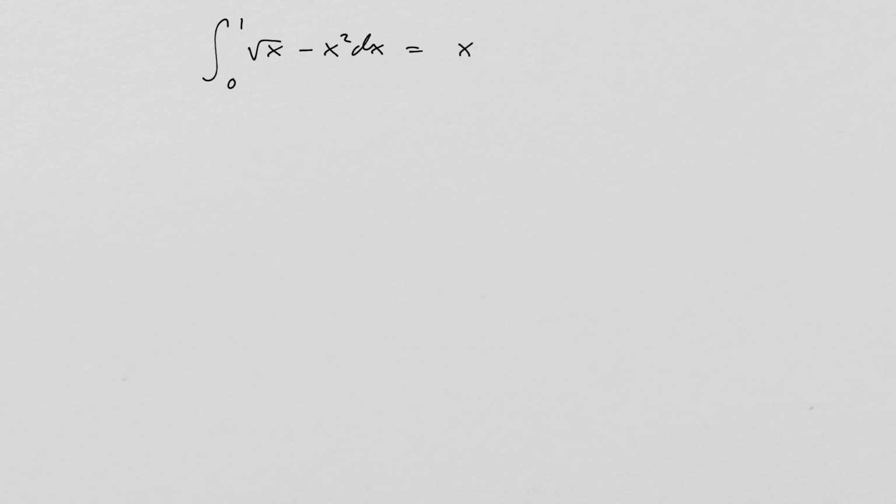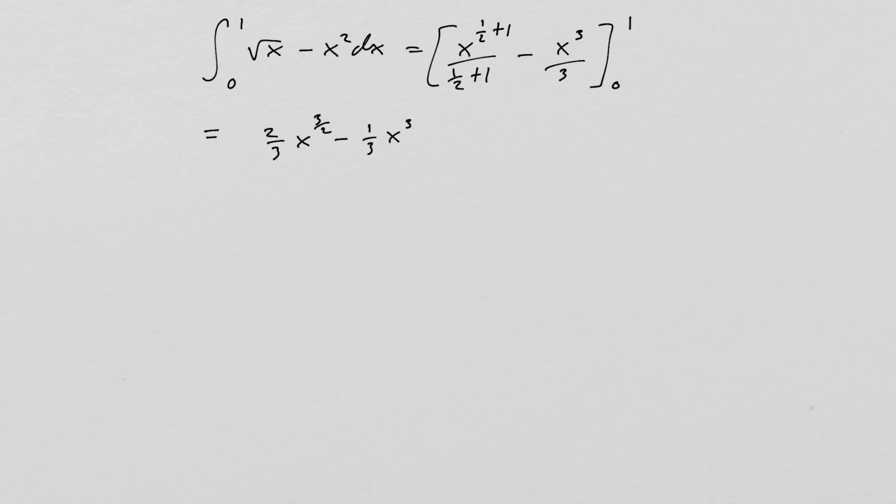That is going to be x to the 1/2 plus 1 over 1/2 plus 1, minus x cubed over 3, evaluated at 0 and 1. So that becomes 2/3 x to the 3/2 minus 1/3 x to the third, from 0 to 1. Then we get 2/3 minus 1/3 is equal to 1/3. So the area between those two curves is 1/3.